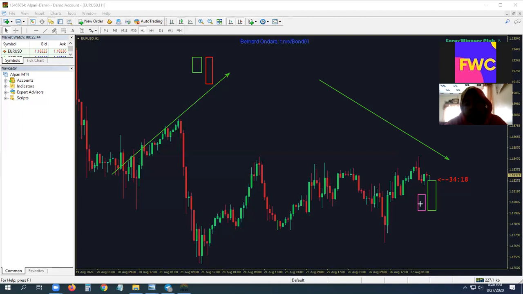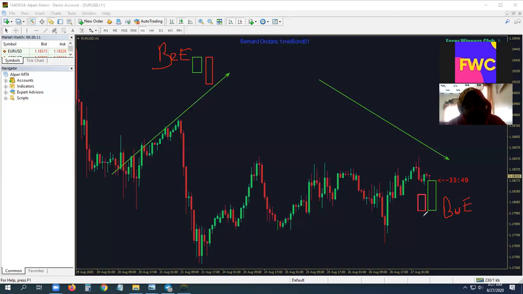Assume this is a red candle. Just picked a wrong color. Something like that. This is bearish engulfing. Bearish engulfing. This is bullish. Bullish engulfing.